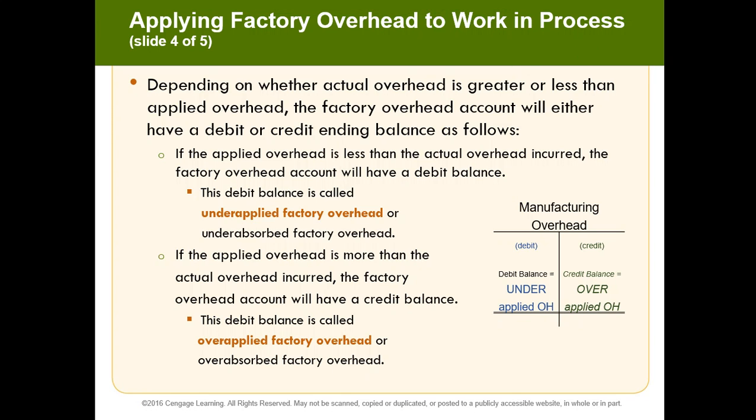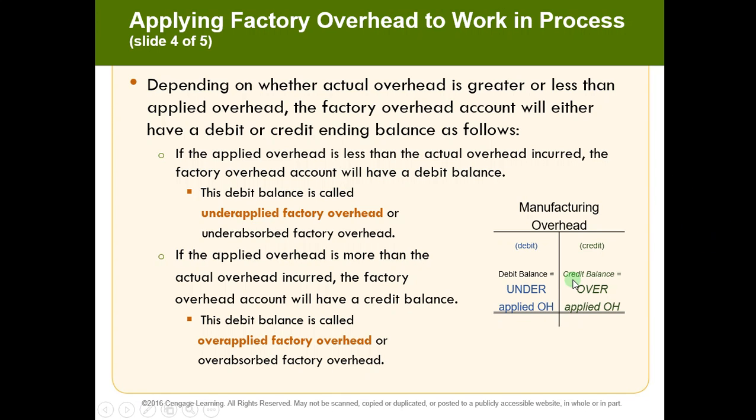Okay, so factory overhead, again, cannot be perfectly allocated. Depending on where the balance falls at the end of your year will determine if your overhead has been over or under applied.